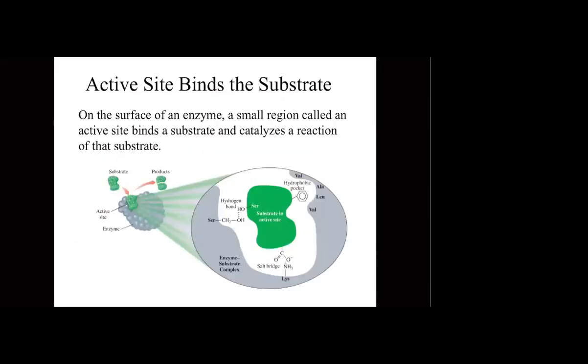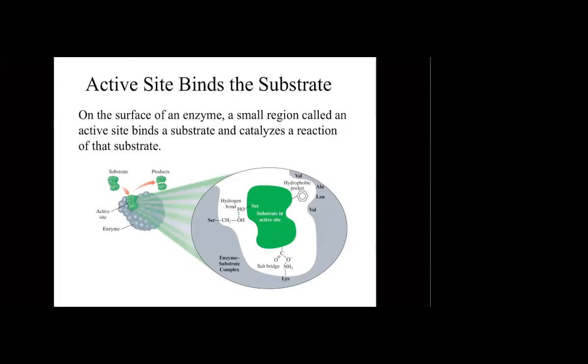Excellent. So as I was mentioning, the active site is the place in the enzyme where we specifically see substrate binding. And we can see how the amino acids sitting in that active site have specific interactions.